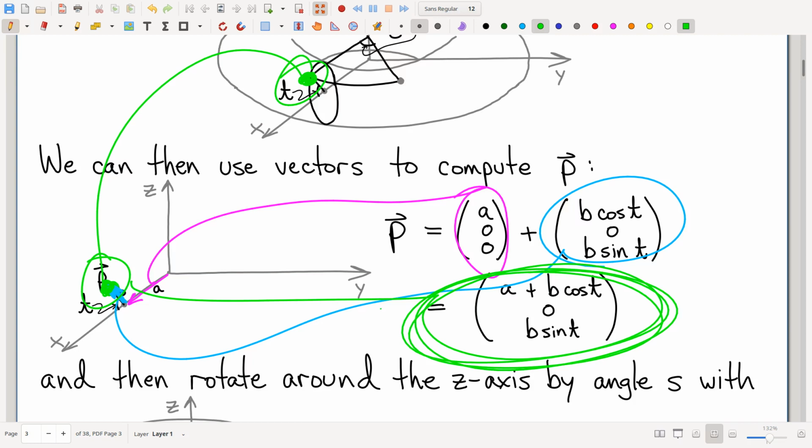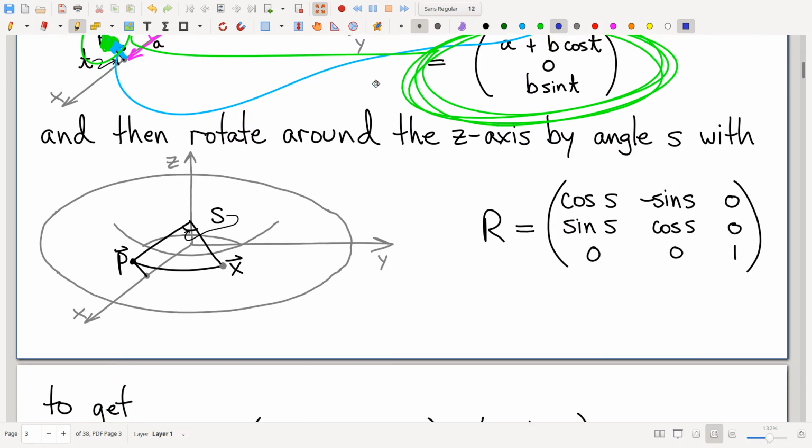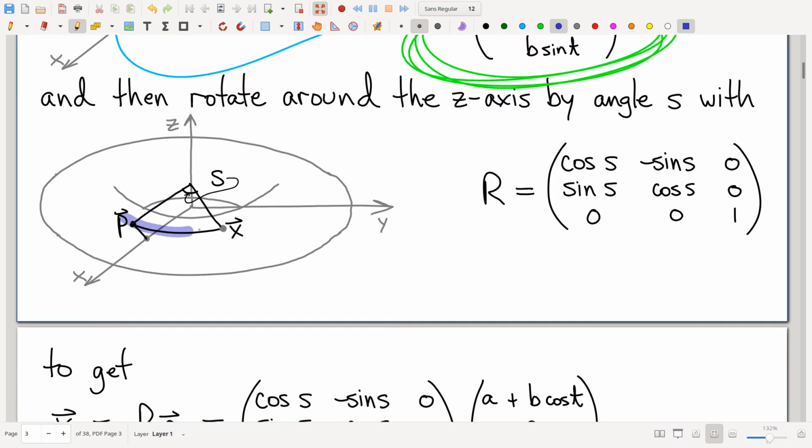Now, keep in mind what we're going to do with that green point is we're going to rotate around the z-axis. So that's our next goal. We have to figure out how to describe a rotation around the z-axis. Well, Math 219.